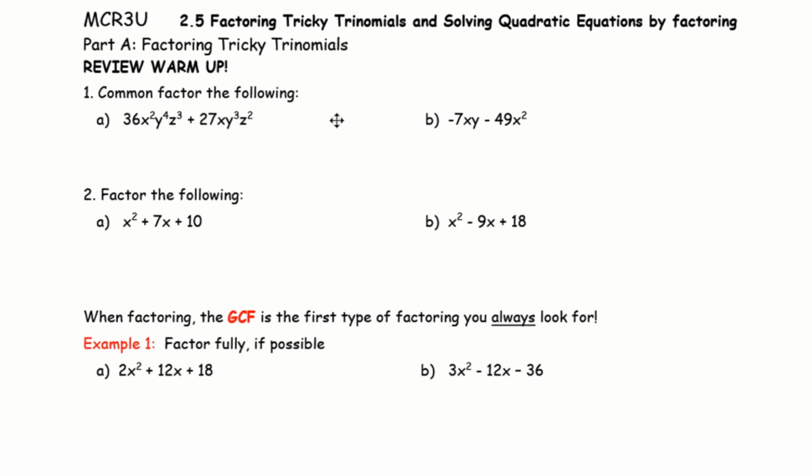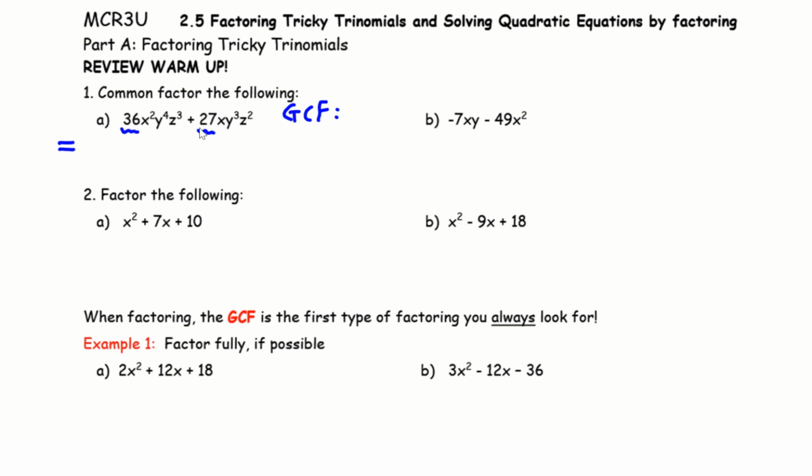It doesn't matter how many terms. What you are looking for is the greatest common factor from each term. So greatest common factor for the numbers will be the greatest number that could go into each number.